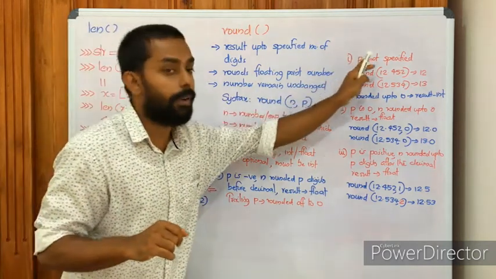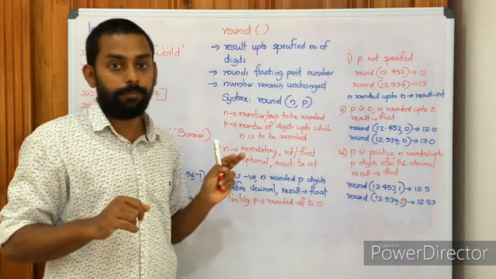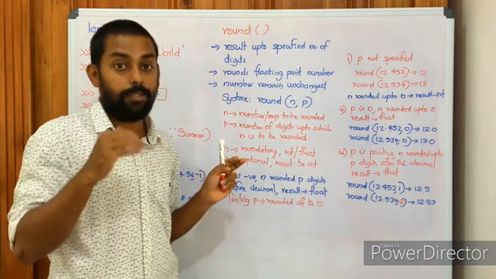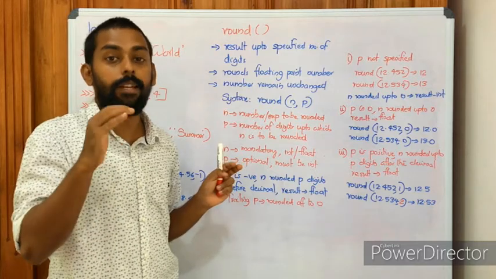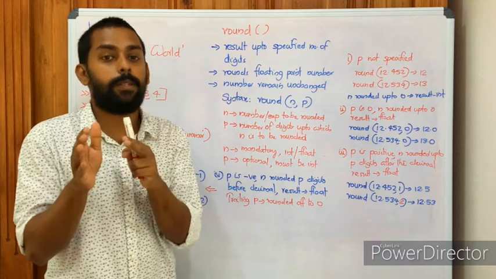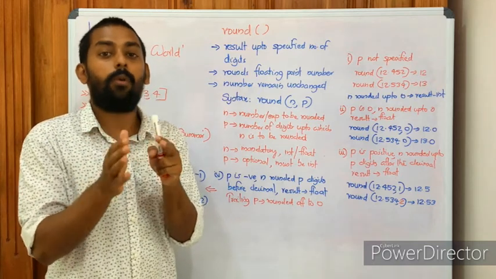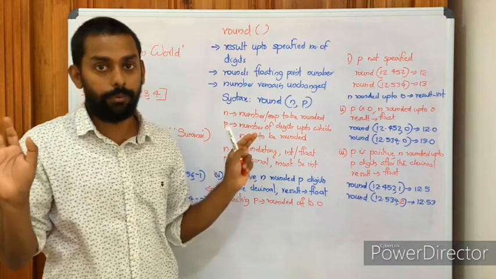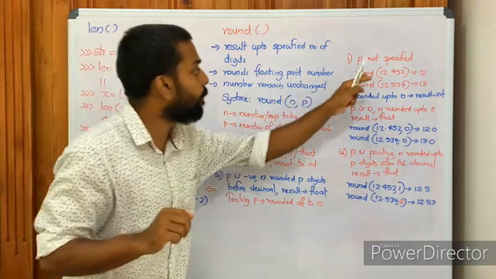The first one is p is not specified. Then n will be rounded up to 0 decimal digits, and the result will be an integer value. We have 2 examples.